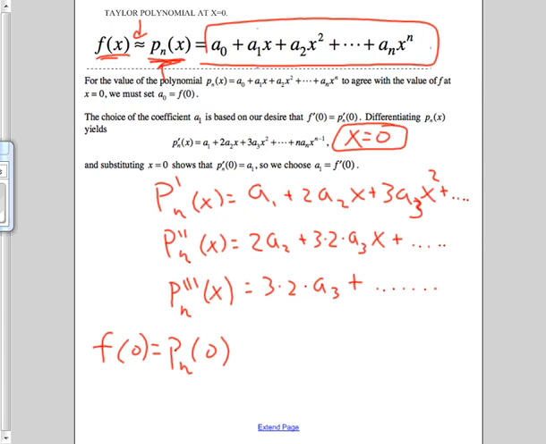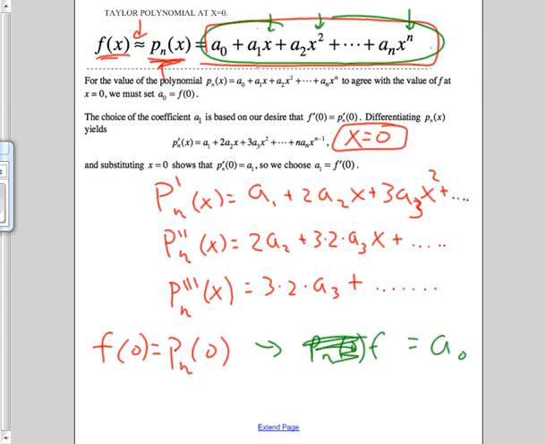Well, looking at this function, putting x as 0 into any of these, the zeros go away, and we get left with a relationship that a sub 0 must equal f of 0, because P sub n of 0 is just a sub 0, and these two must equal each other.